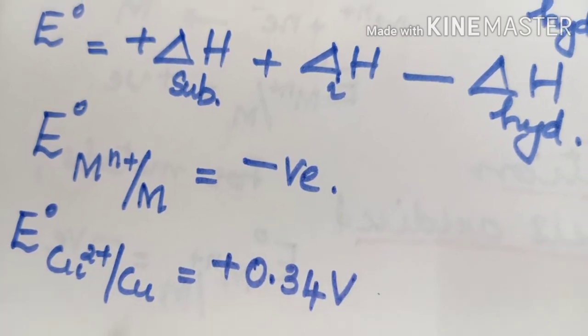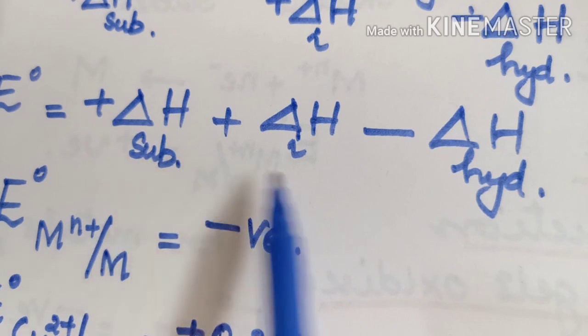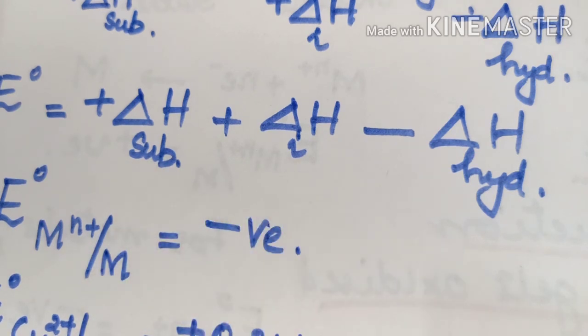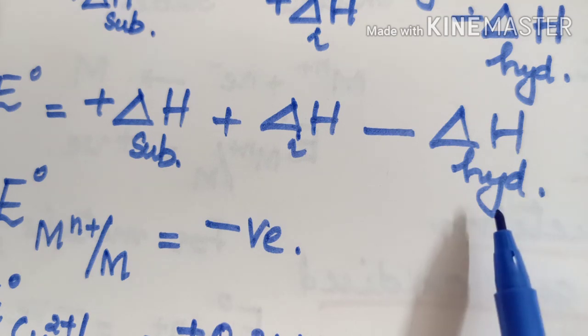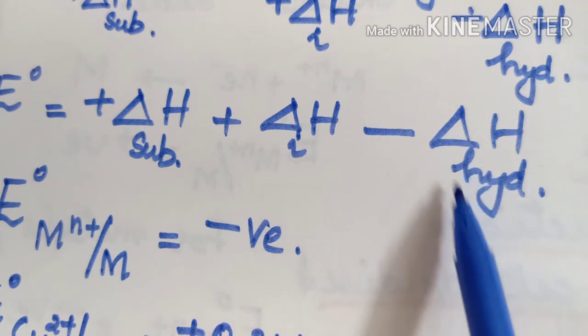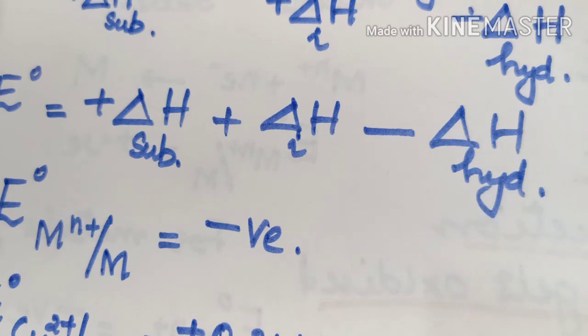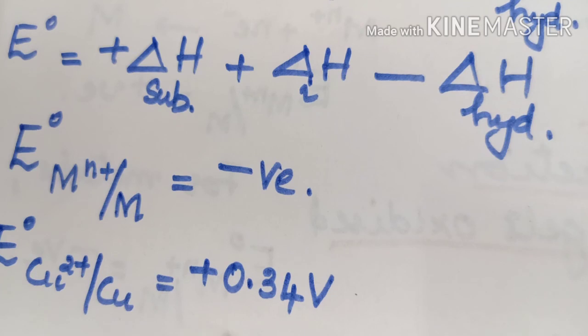This means that the sublimation and ionization enthalpy is not compensated by the hydration enthalpy. That means the hydration enthalpy value is less for copper, and with the reason you find that it has a positive value. That means copper cannot displace hydrogen from the acid.